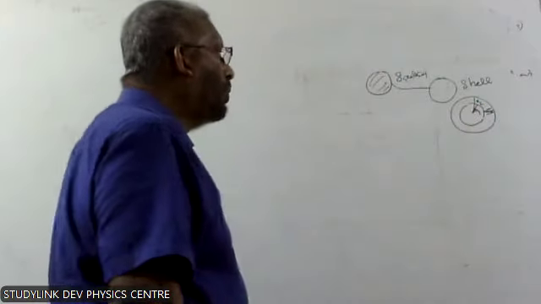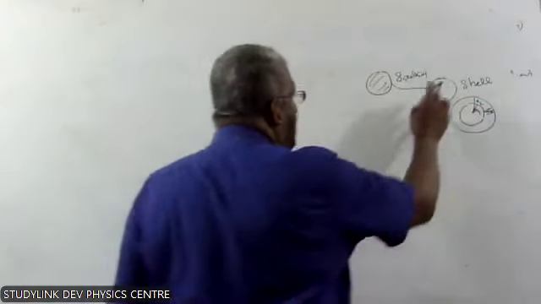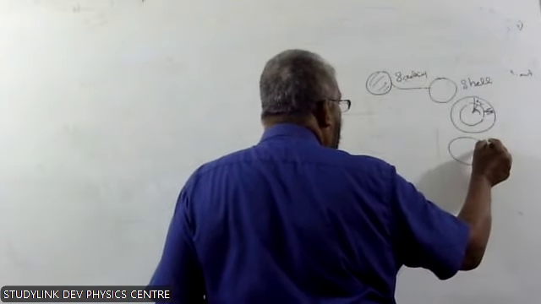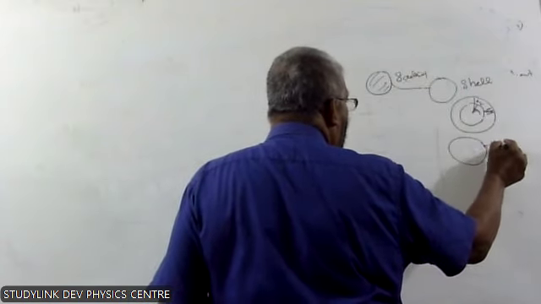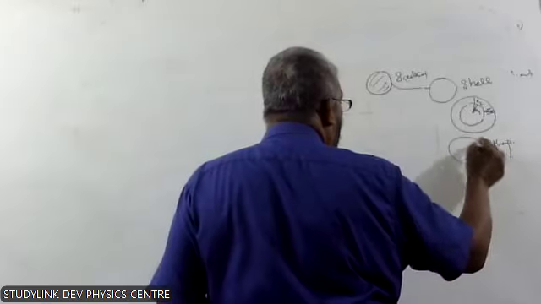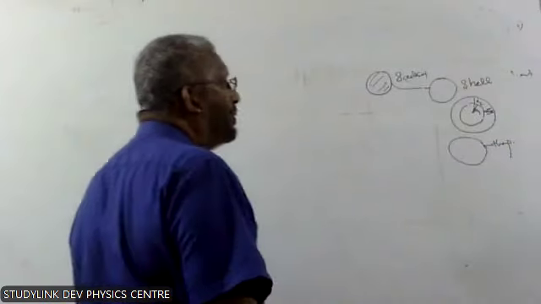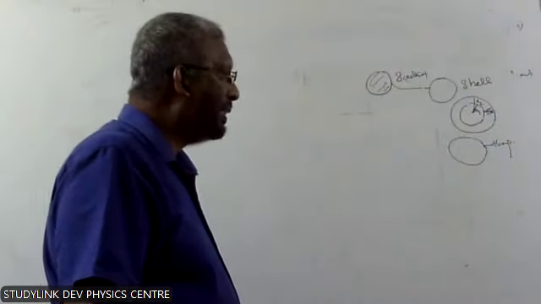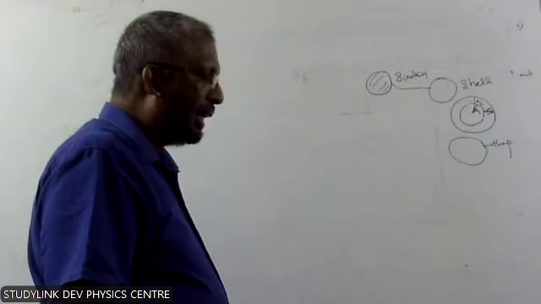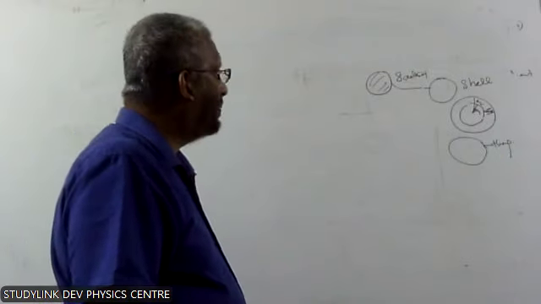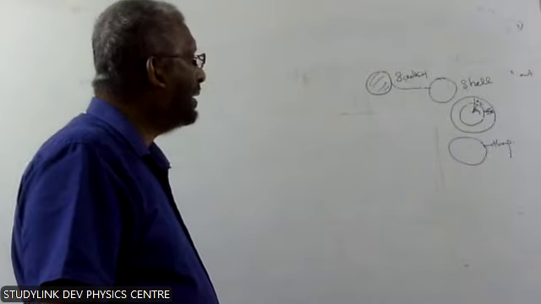Shell means just like an eggshell. This is very thin, so we don't care about the internal or external radius separately. External and internal are almost the same, so we consider the external one.